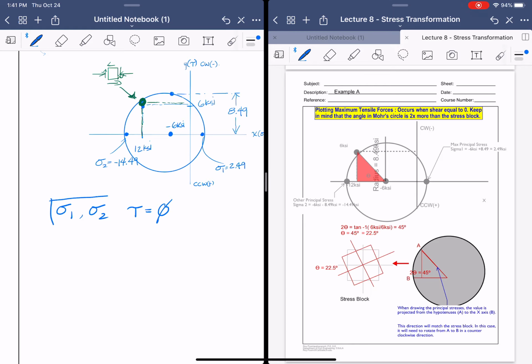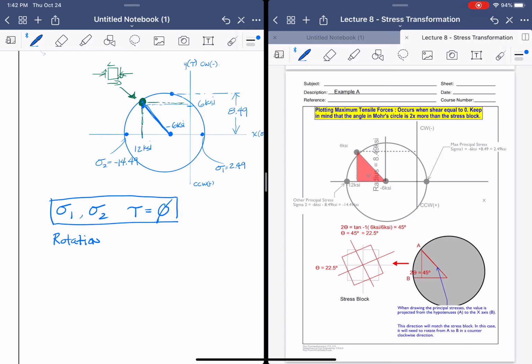Okay, that's when we can actually plot, right? And also the rotation of that block is based on the original line, or hypotenuse, projection.